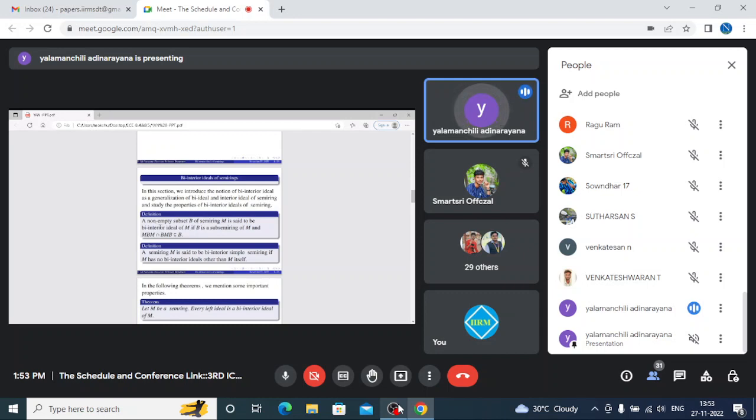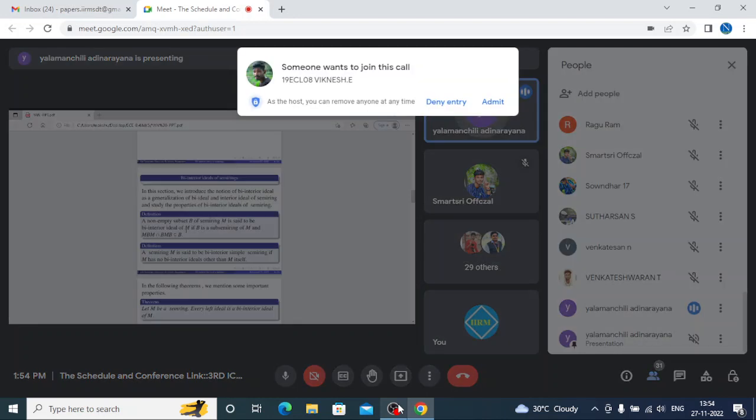What is a bi-interior ideal of a semi-ring? A non-empty subset B of semi-ring M is said to be a bi-interior ideal of M if B is a subring of M and it also satisfies another condition, that is, MBM intersection BMB is a subset of B. Then B is said to be a bi-interior ideal of the semi-ring.